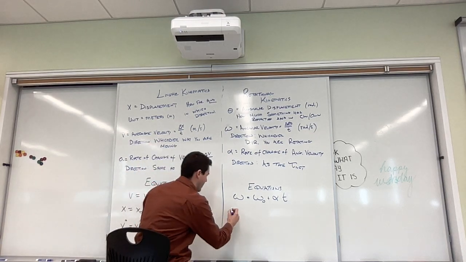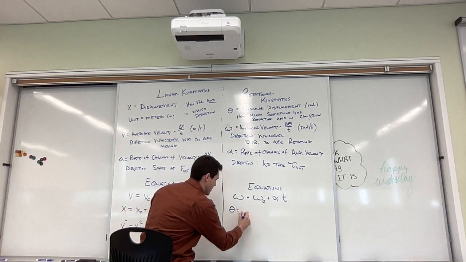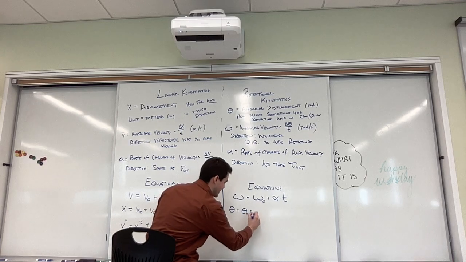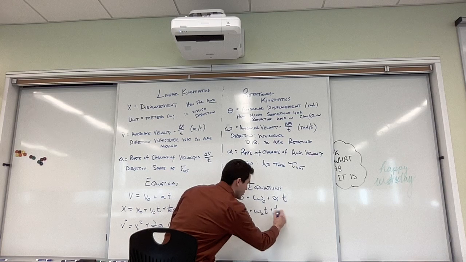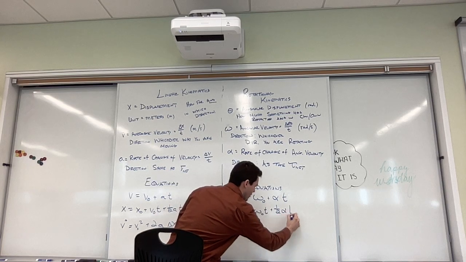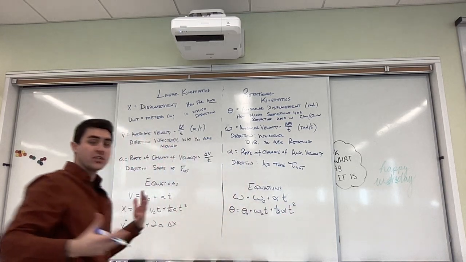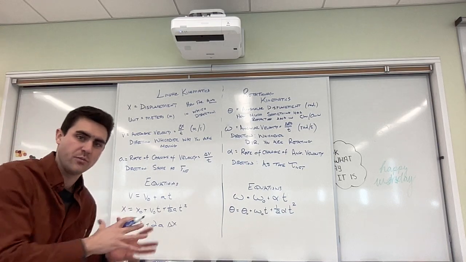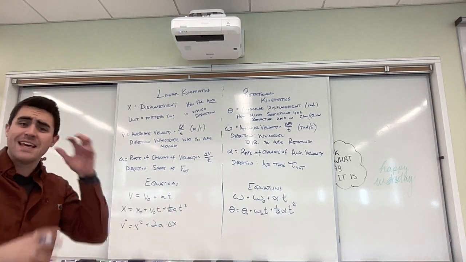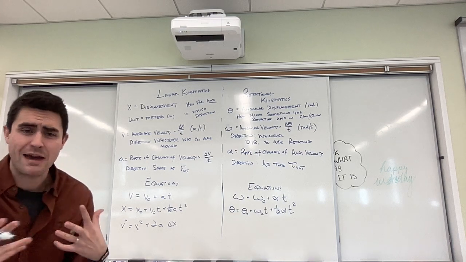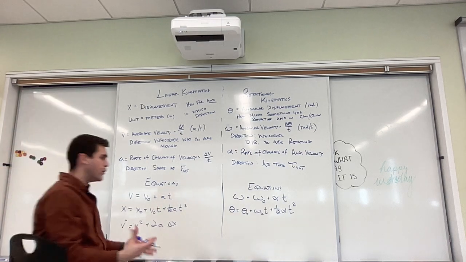For our displacement one, I see angular position equals initial angular position plus initial angular velocity times time plus 1/2 angular acceleration times time squared. I've just simply replaced the variables in linear kinematics with my variables from rotational kinematics. It's very straightforward. These are mathematical relationships that still hold true.